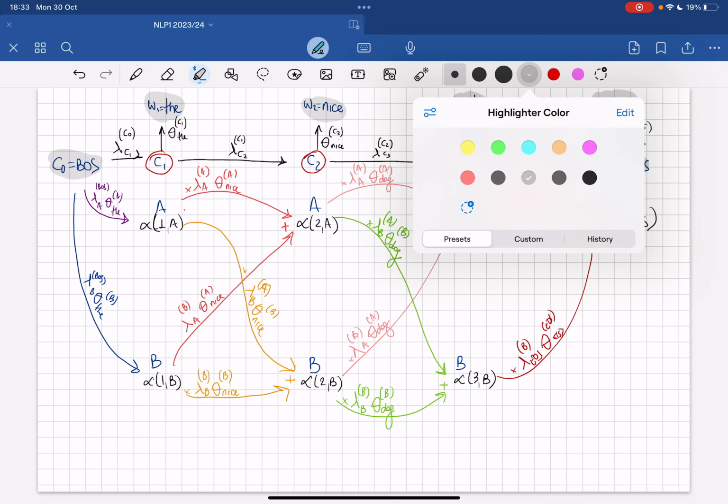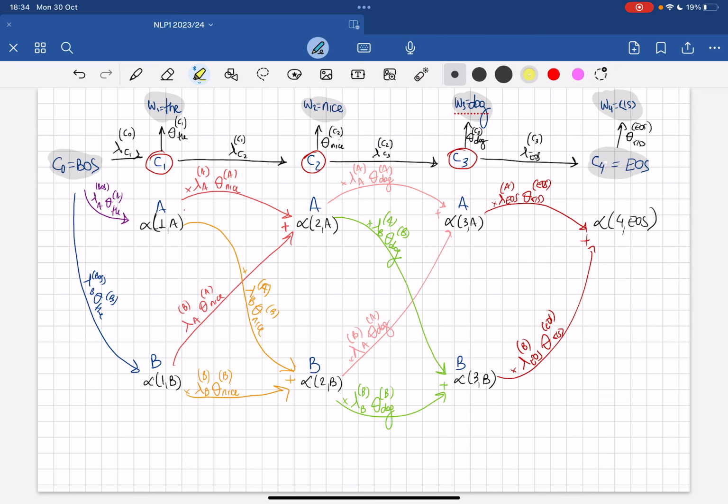So let's start up here. The probability of the best sequence that ends in C1A and then C1 generates the first word has this probability. Well, this is the probability, right?